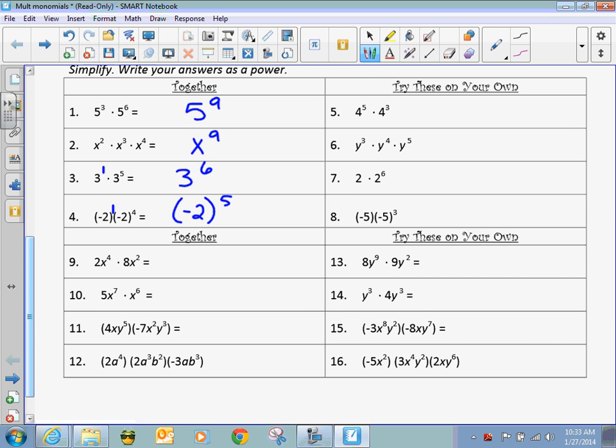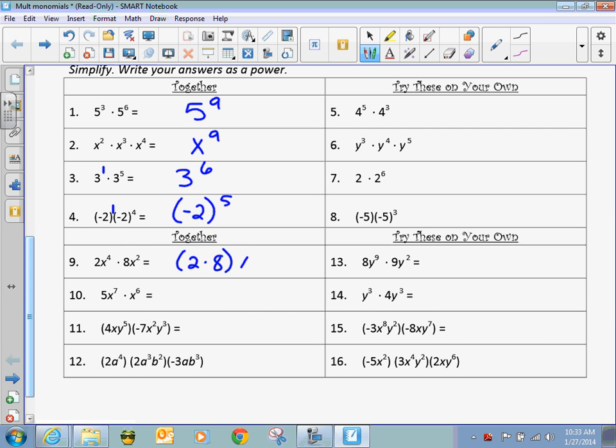Okay, so the next thing that we want to do is look at these a little bit. With 9, 10, 11, and 12, I need to break out my 2 and 8. So it's going to be 2 times 8 times x to the 4th times x squared. So that's how we're going to work that.